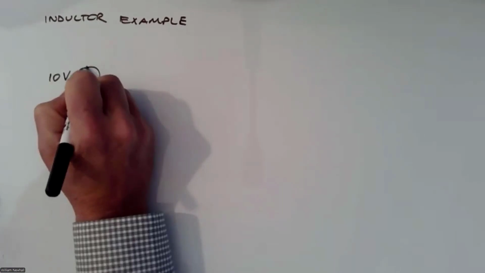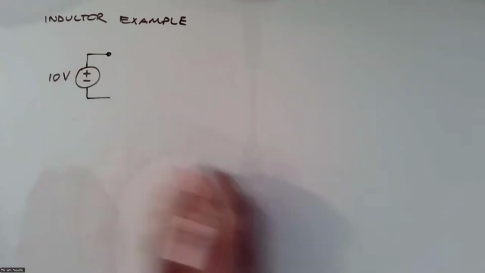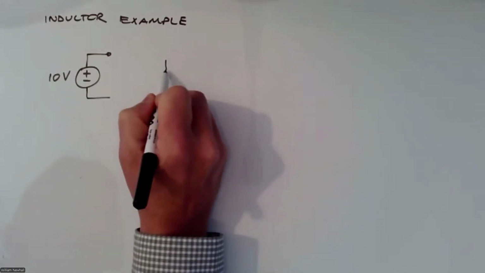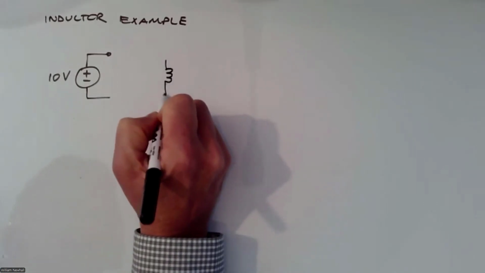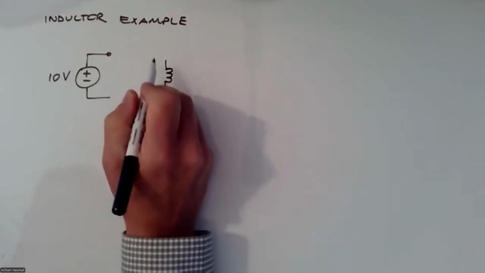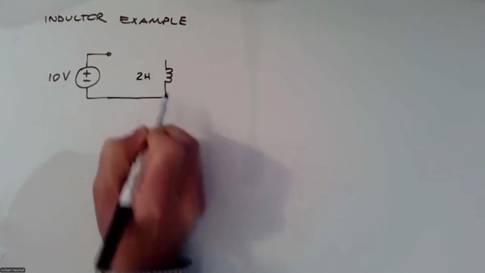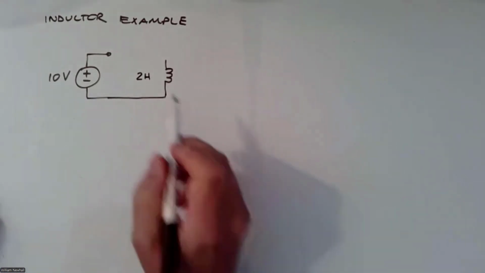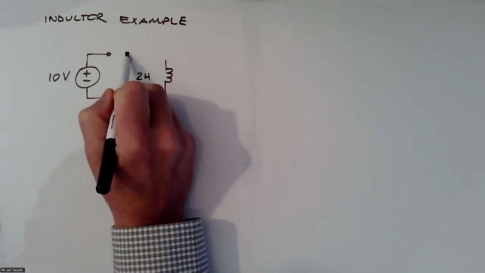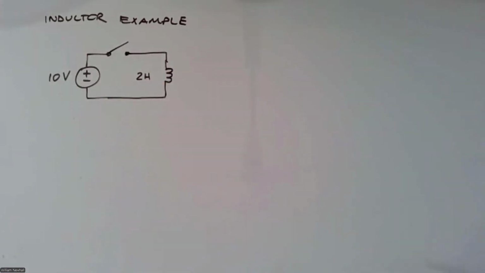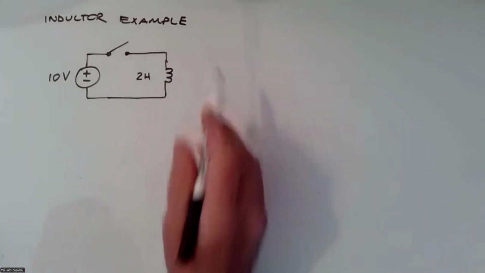Let's say you take a power supply and you set it to 10 volts, and you have an inductor. And that inductor has a value of 2 henries. That would be a big inductor, but let's make the numbers easy here. And I connect a switch. I put a switch between the positive of the 10 volt supply and the top of that inductor.